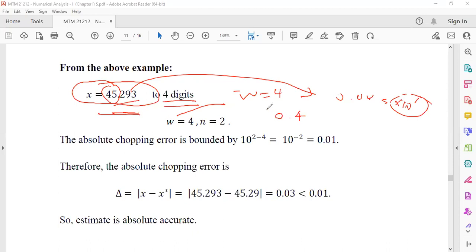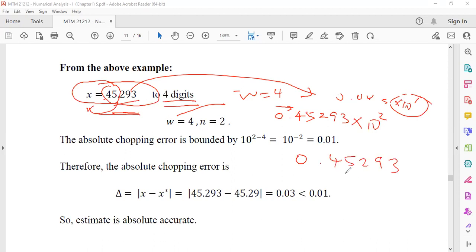You have to push it into this way, 0.45293. How many digits have I moved? 1, 2. So this will be 10 to the power plus 2. I already have this.